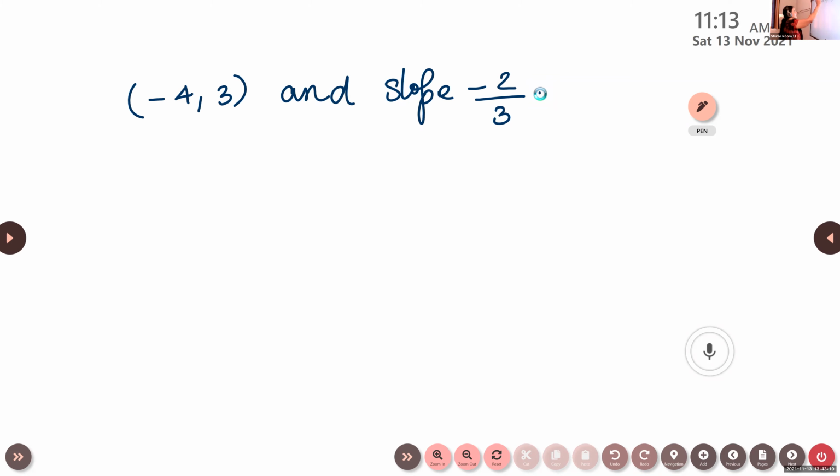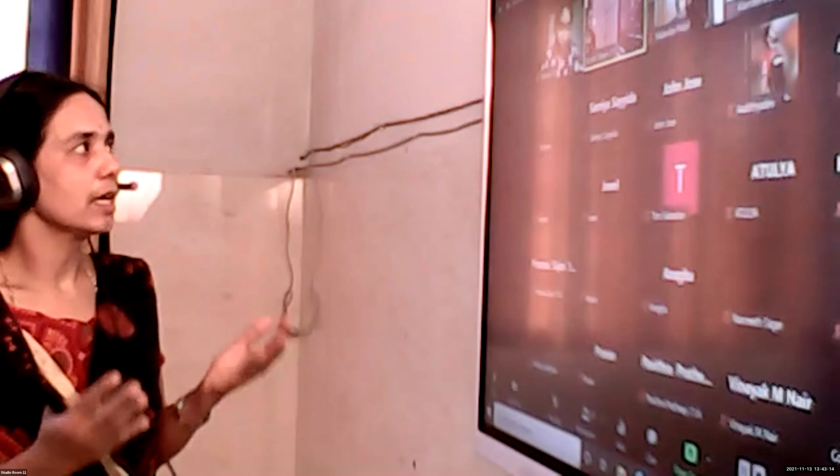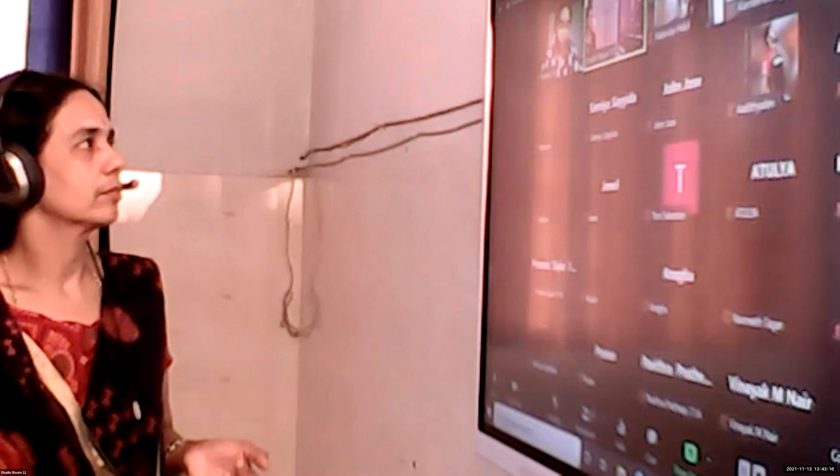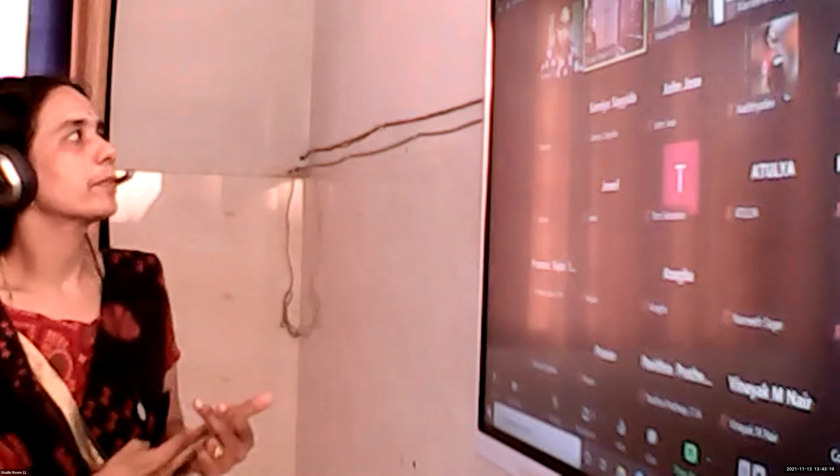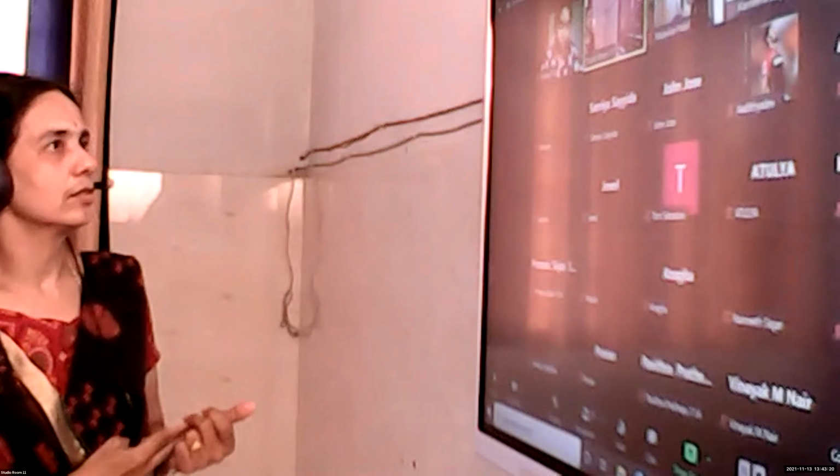Once a question is given, first read the question and check what is given. Then select the appropriate equation. Once you apply the values, you'll get the answer. Read the question, note down what is given, select the appropriate equation, apply the values, and the problem is over.